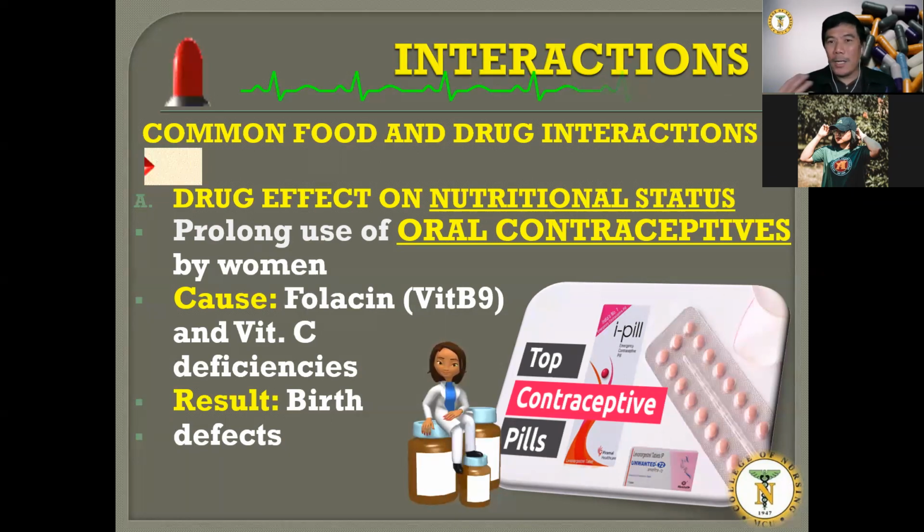However, if the use is prolonged, this is the problem. With prolonged use of oral contraceptives, because a person taking oral contraceptives controls hormonal production, the problem is that it may cause a problem with vitamin B9 which is folacin or folic acid, and vitamin C. And the result of this is birth defects, because we are aware that folacin, vitamin B9, is very important for the development of the nervous system.